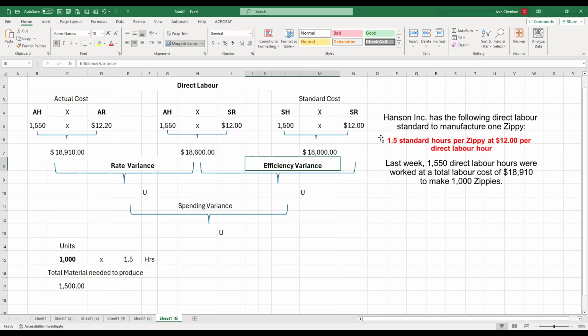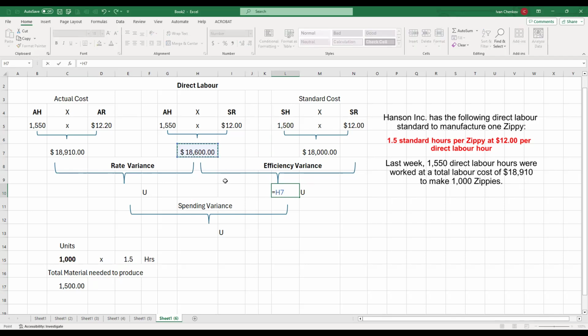So how efficient are we in usage of labor? Not very efficient, right? So where are we? Overspending or underspending? Overspending. $600, correct?